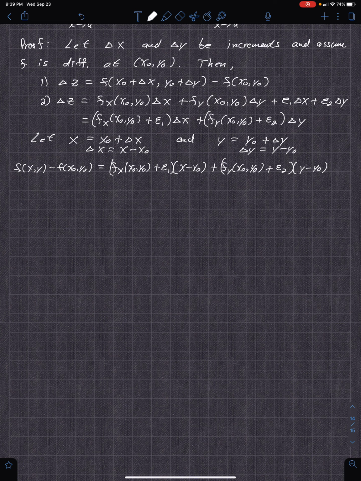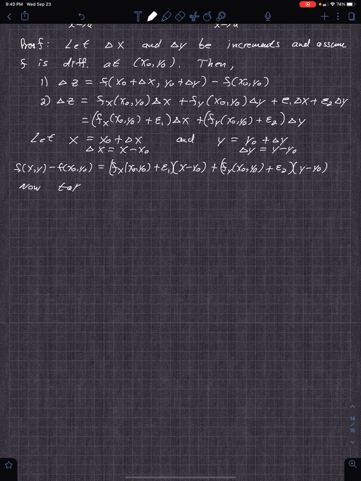Now what I'm going to do is take the limit as x approaches x naught and y approaches y naught. When you do that, these both go to 0. If those both go to 0, this whole thing goes to 0, and then this difference equals 0. So that's basically it.